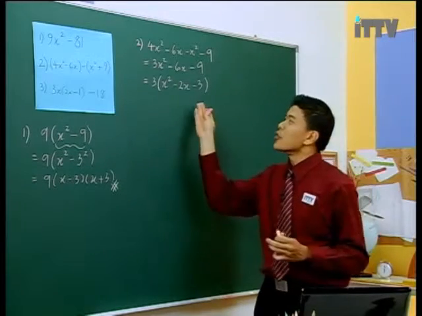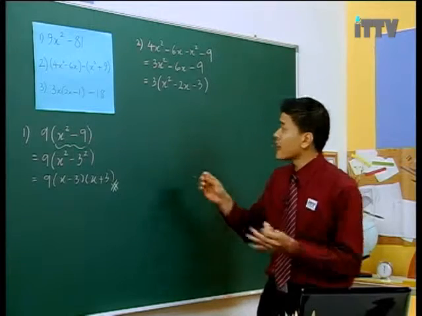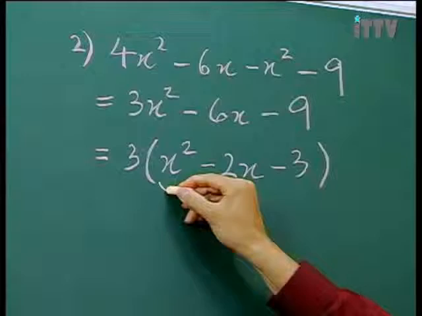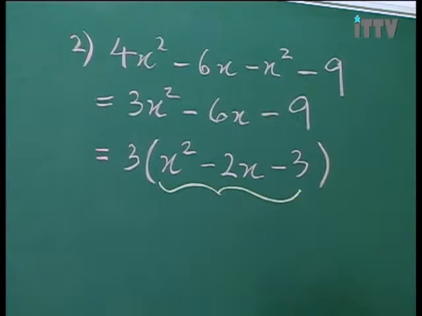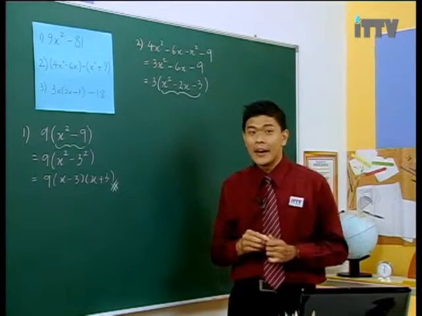But now we have only taken out the first factor. This part here, x² - 2x - 3, can be further factorized by using the 5-step method that we have learned earlier.